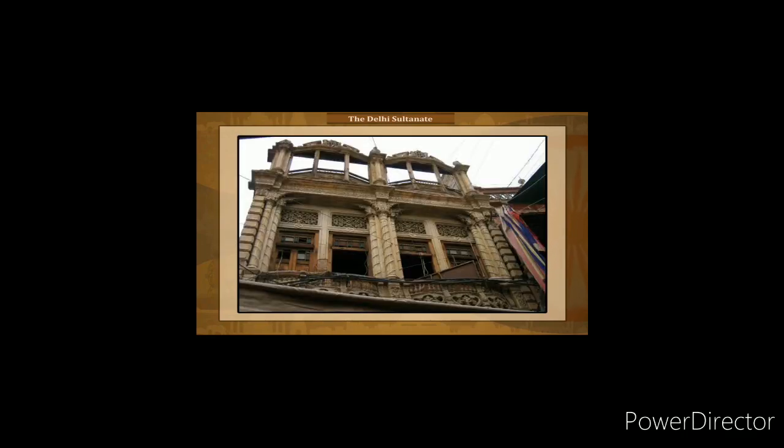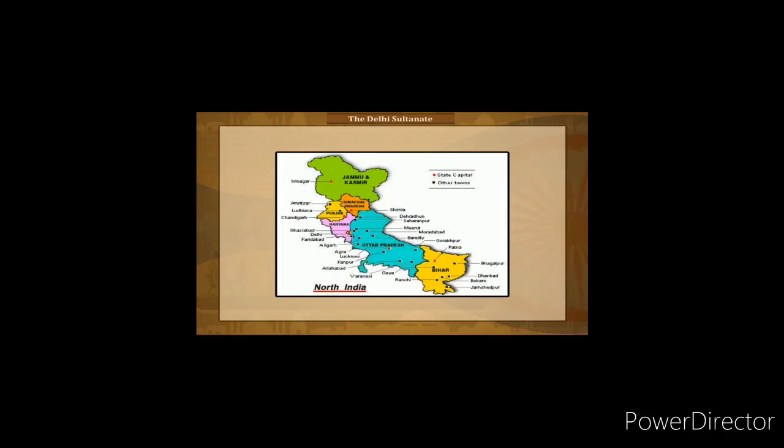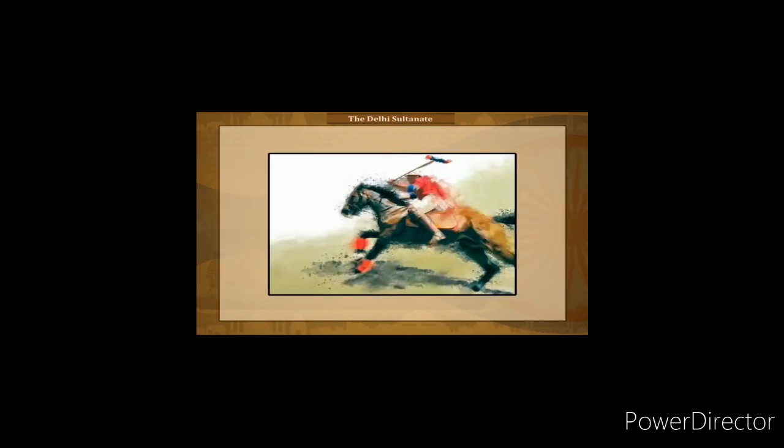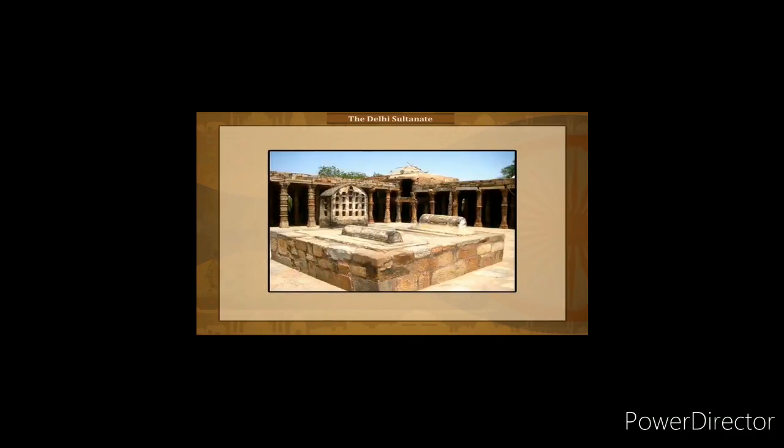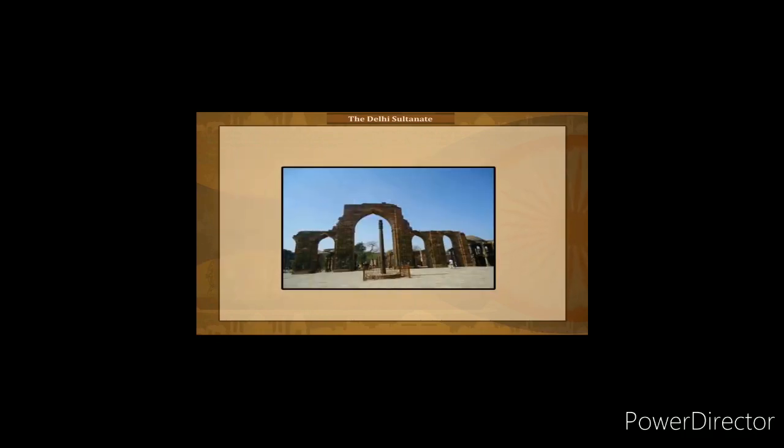He made Lahore his capital and consolidated his control over North India through administrative hold over Delhi. He ruled for 4 years until he had a fatal accident while playing Chogan, polo. In his brief rule, he built the Quwat-ul-Islam mosque in Delhi and the Adhai Din Ka Jhopda Mosque in Ajmer.